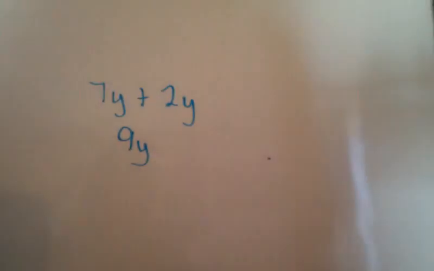Go to number 11. I want you to try to do number 11 and then compare it with mine. So stop the tape and do number 11 and then compare it with mine. Alright, let's look at it.